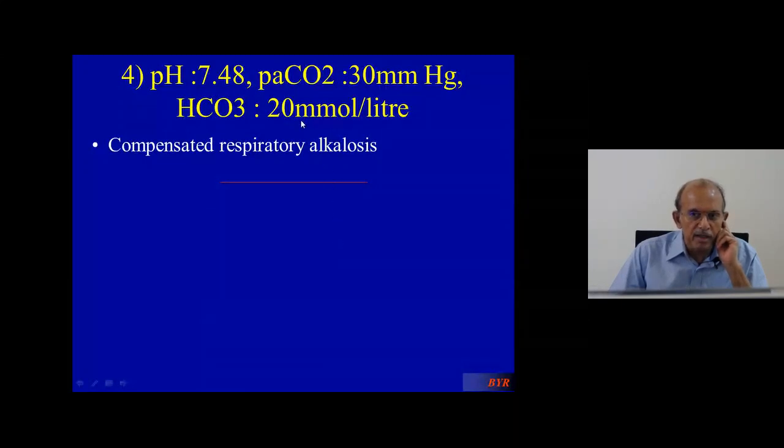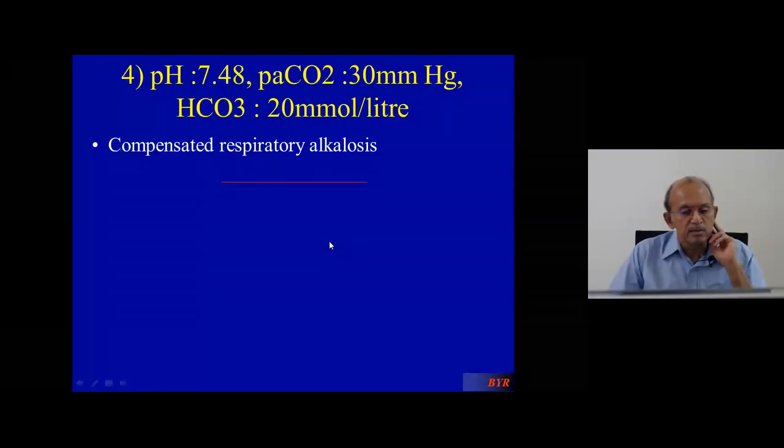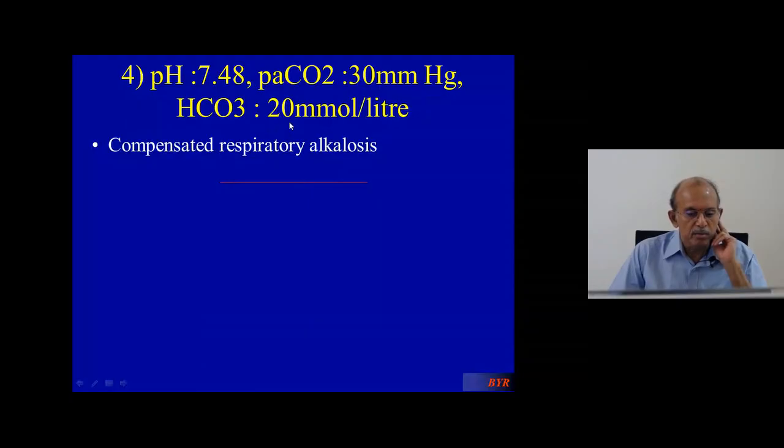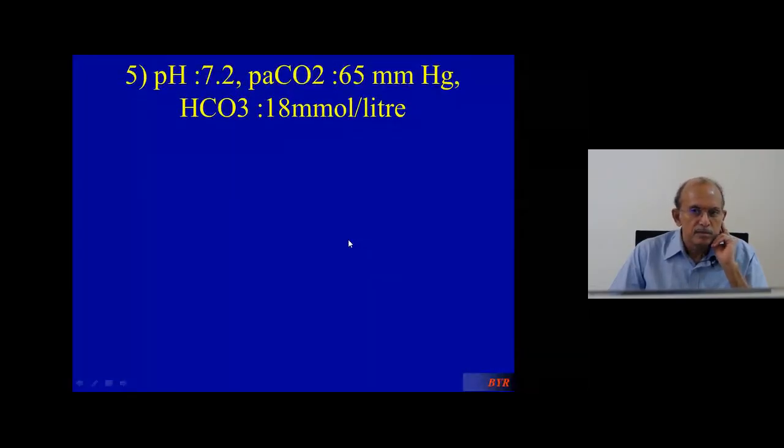But what you are seeing here, is it more or less? It is less. So how can you say it is metabolic alkalosis? It can't be metabolic alkalosis. So it is only a compensation. Actually, it is reduced. Not too much, but it is reduced. So you can say it is a compensated respiratory alkalosis. Then answer this one.